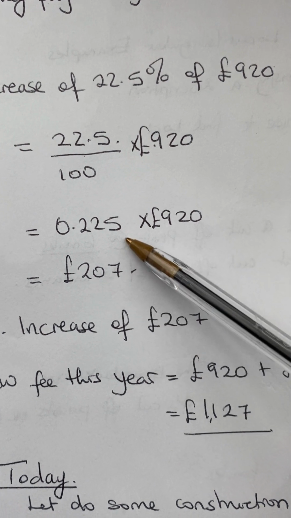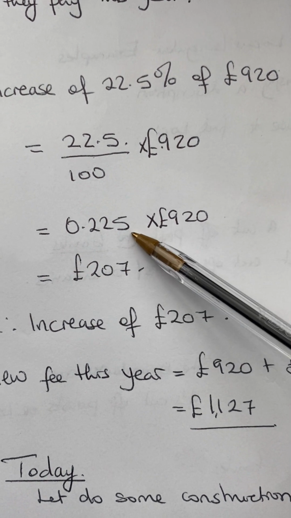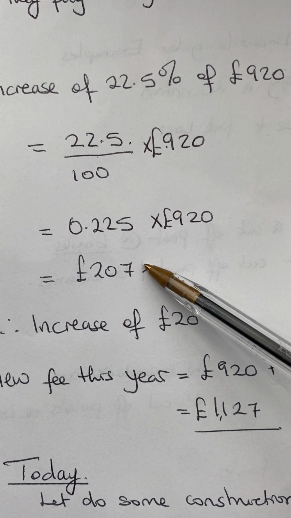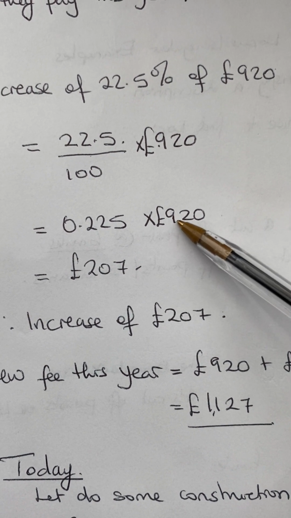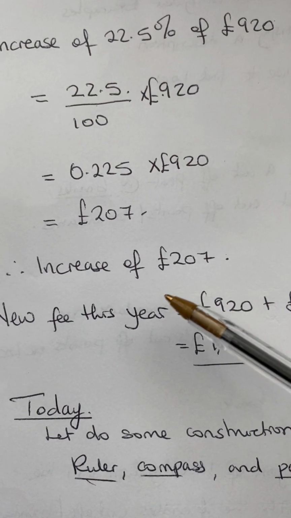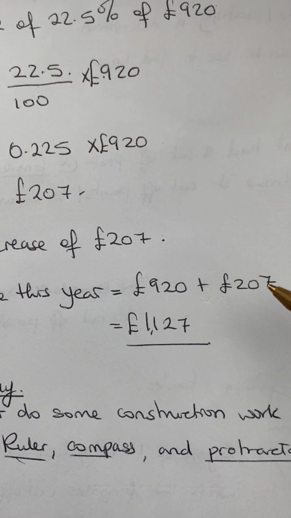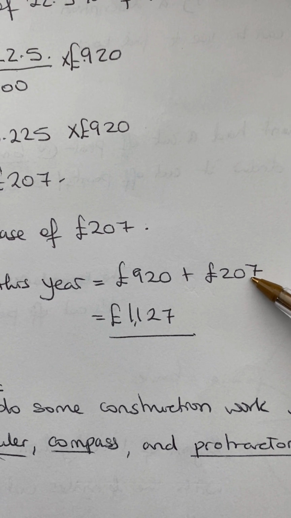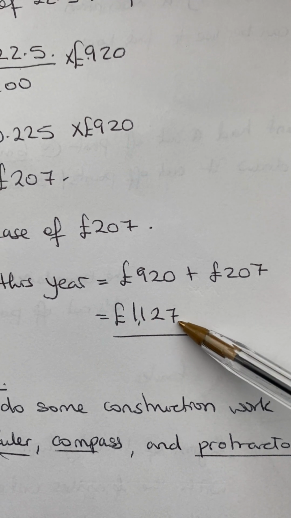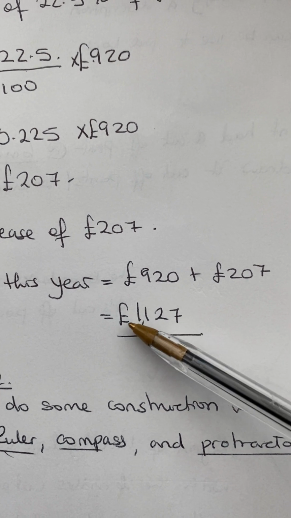If you do that on the calculator, you get £207. Now this is the new increase. So you add £207 to £920, and if you do that correctly, you have £1,127.